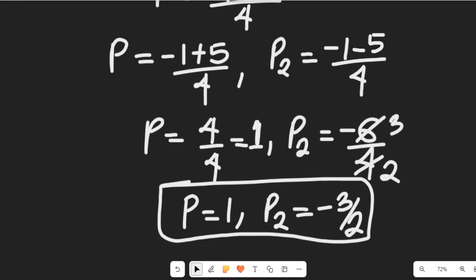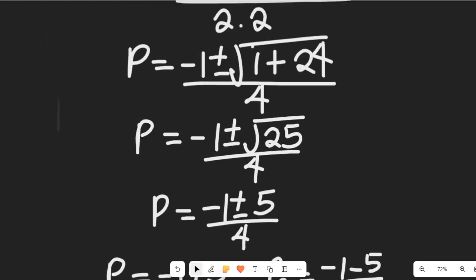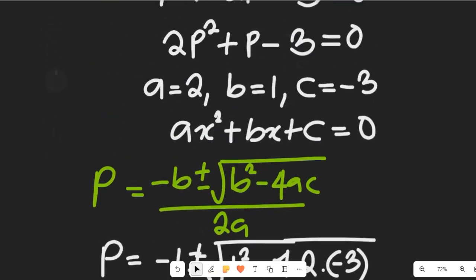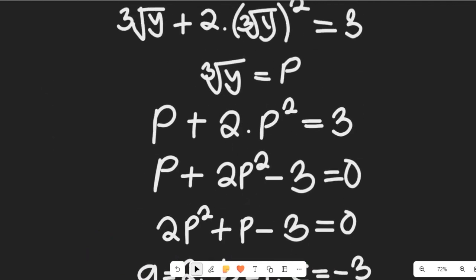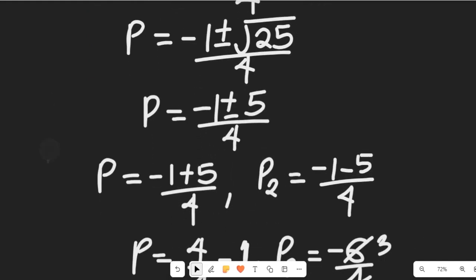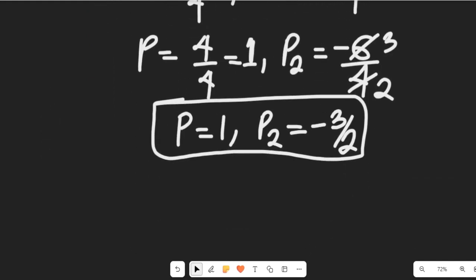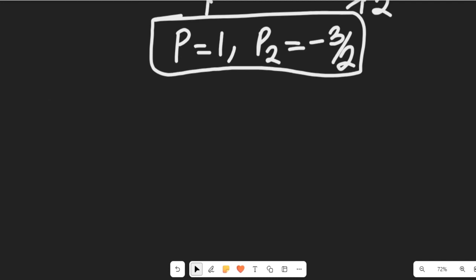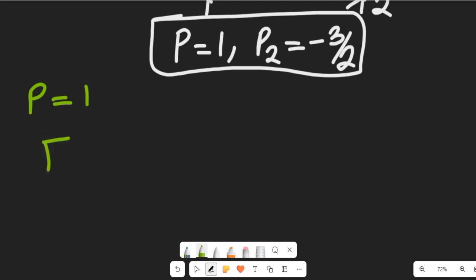Now recall from the initial expression that we said the cube root of y is equal to P. So what is the value of y? If the cube root of y is equal to P, what then is the value of y? From the first expression, if we have P1 equal to 1, then the cube root of y will be equal to 1.